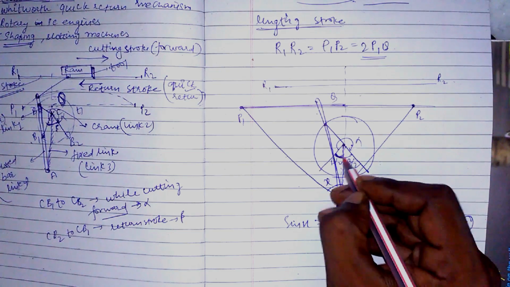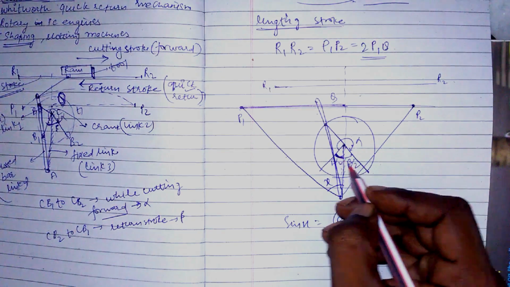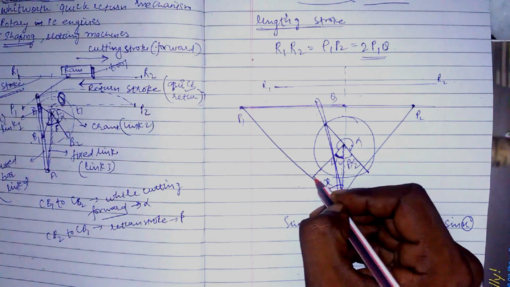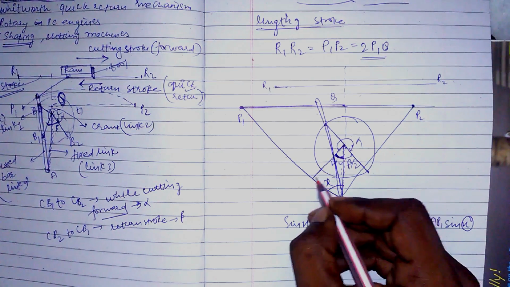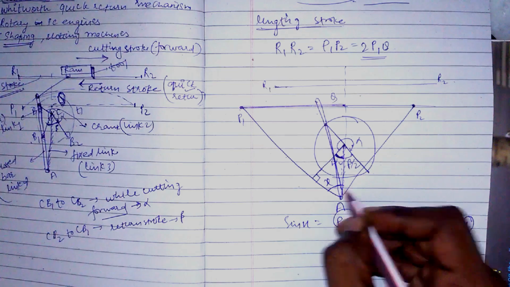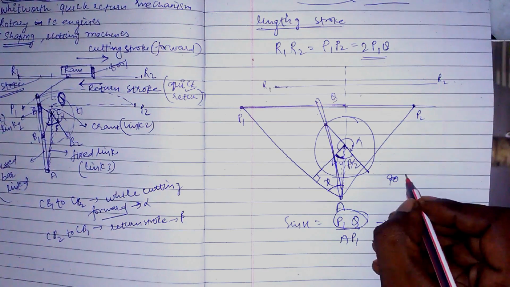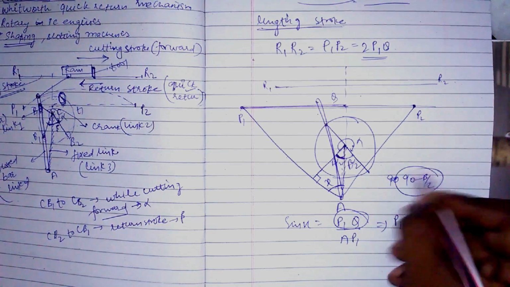As this is beta by 2, and as this is 90, the angle would be 90 minus beta by 2.